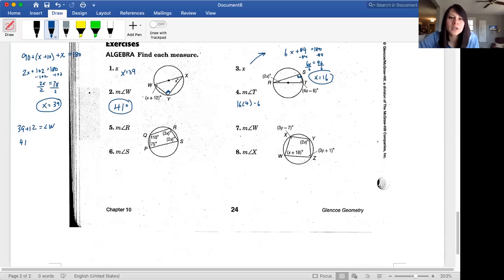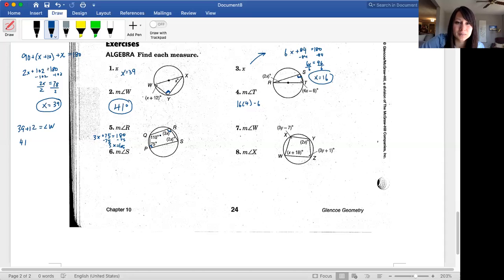Okay, down here, we've got your quadrilaterals. So here's the cool thing is we know opposite angles have to be supplementary, which means angle R plus angle P have to equal 180. So 3x plus 75 equals 180. And I could work backwards. 180 minus 75 is 105. 105 divided by 3 is 35, right?